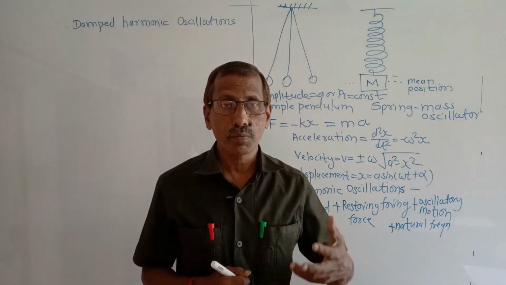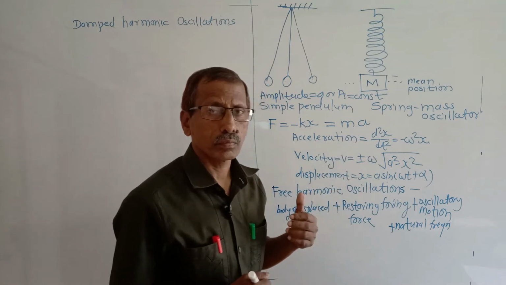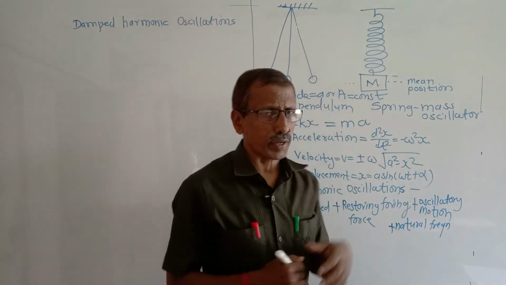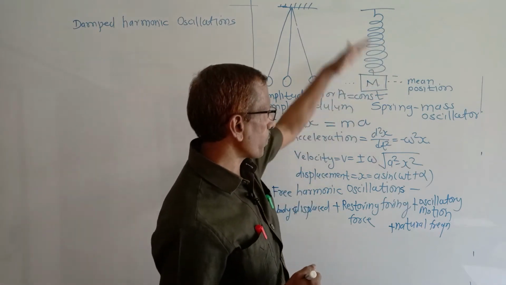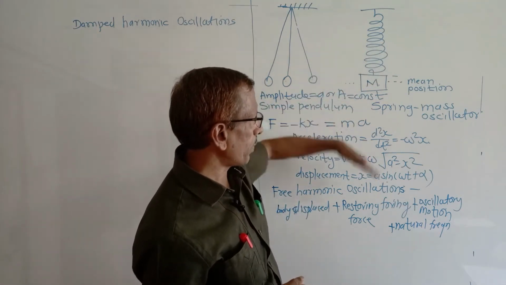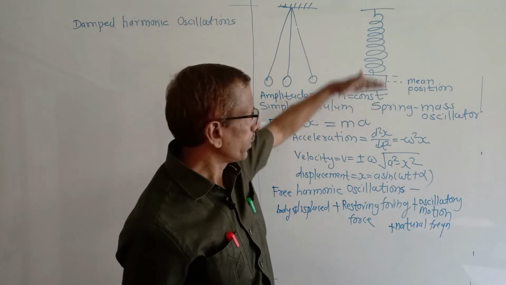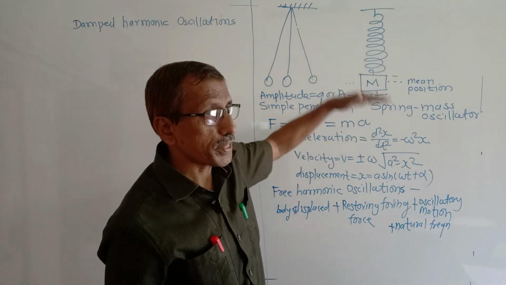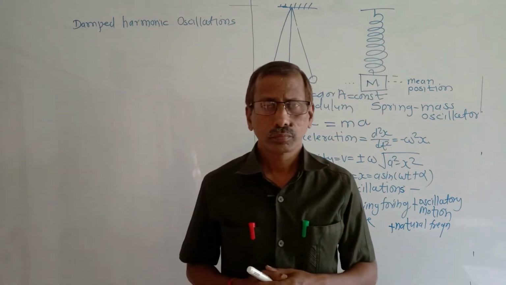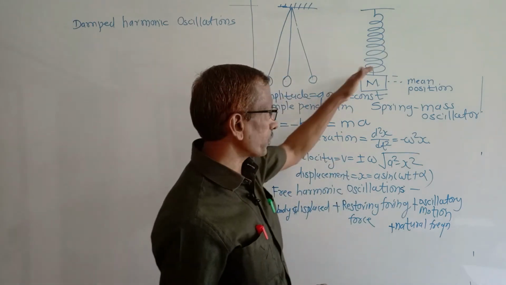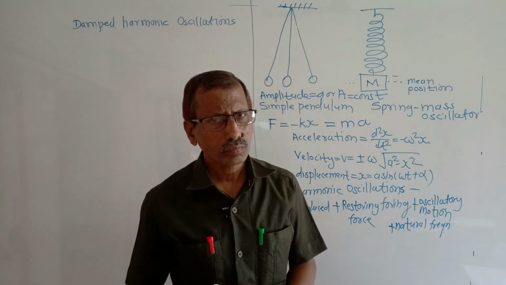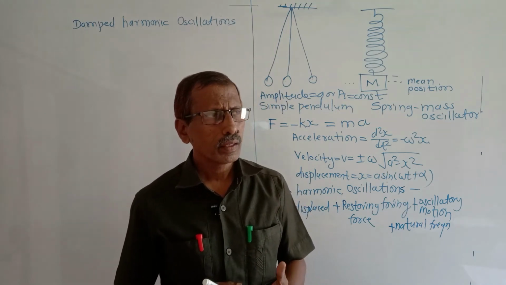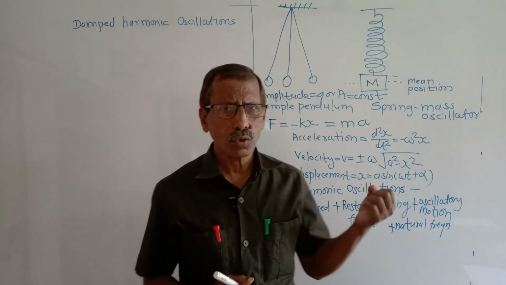The amplitude becomes zero and the motion stops. Similarly, in the case of a spring mass oscillator, when the block performs to and fro motion about the mean position in a straight line, its amplitude gradually decreases, and finally the motion stops. So the question arises, why does the amplitude of oscillation go on decreasing?